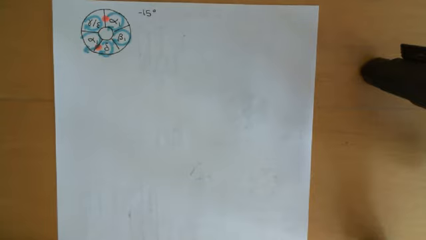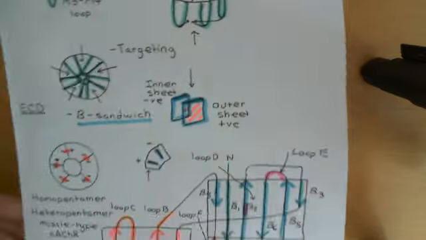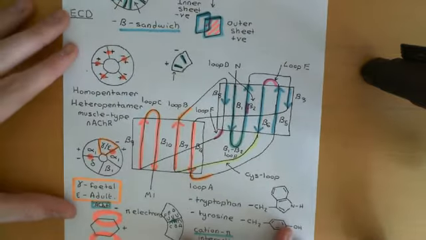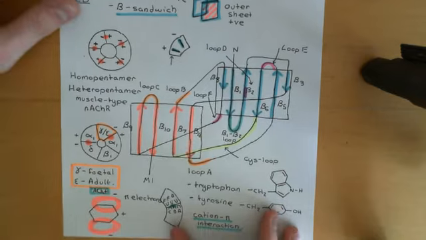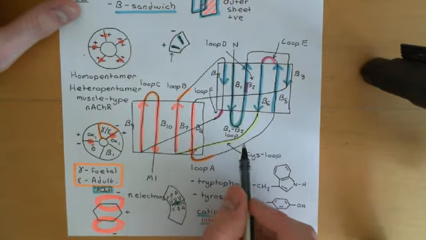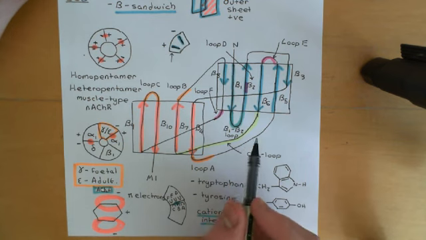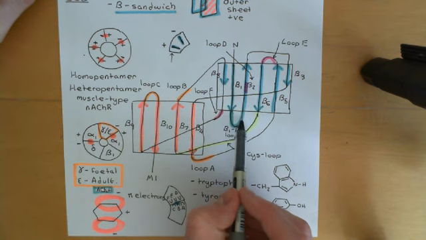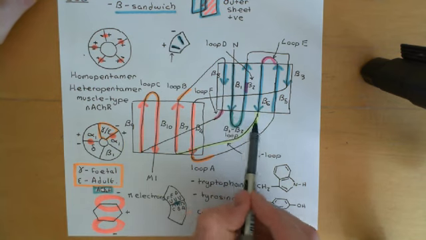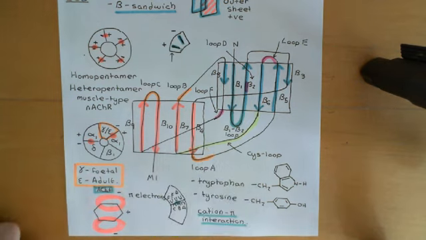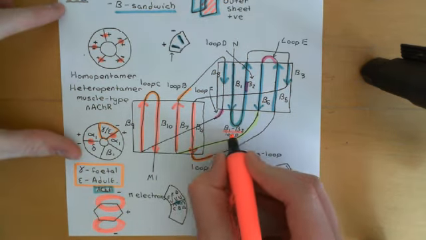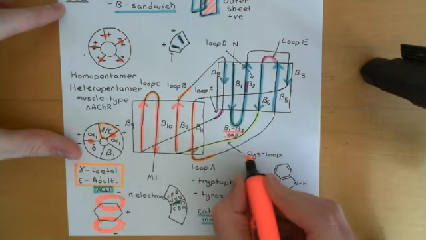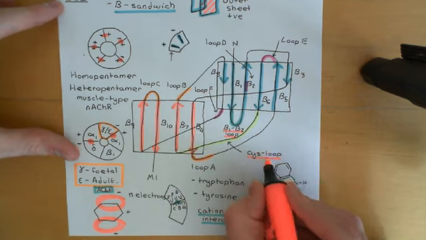Indeed, what's going to happen is this rotation is going to be transmitted to the M2 helix, through portions that contact the M2 helix. Now, the 2 portions of the extracellular domain which contact the M2 helix are this beta 1, beta 2 loop here, and also the cis loop. So let me just underline these. So the beta 1, beta 2 loop contacts the M2 helix, and the cis loop contacts the M2 helix.